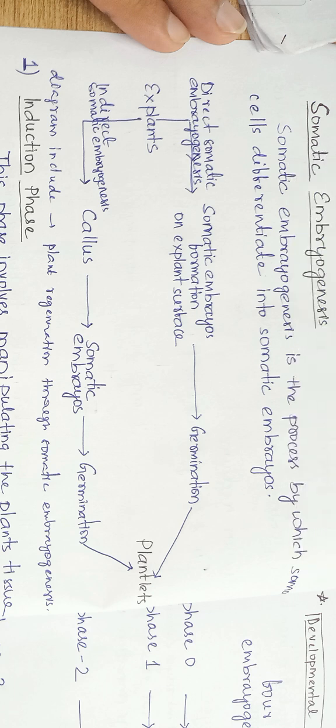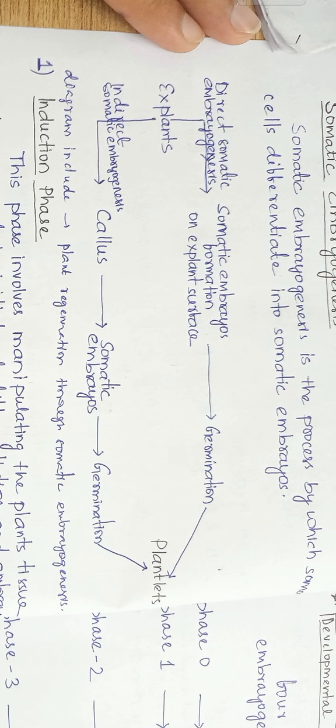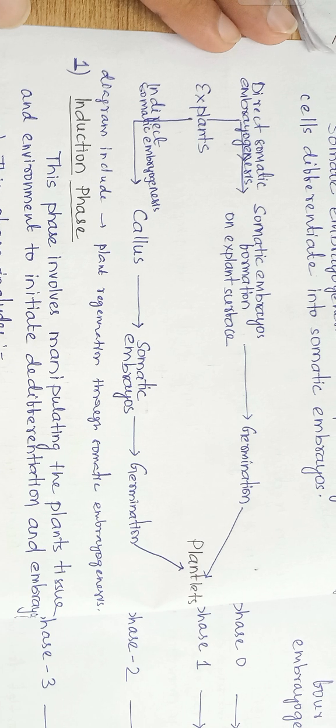Somatic embryogenesis is the process by which somatic cells differentiate into somatic embryos. There are two types: one is direct and another is indirect.